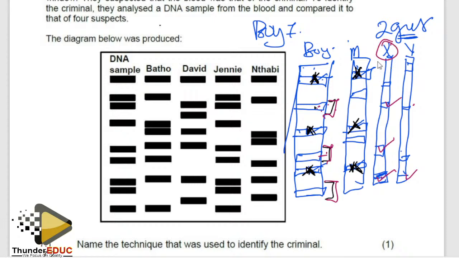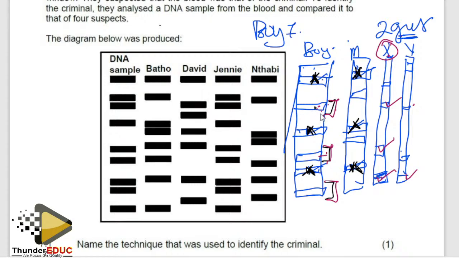Explain your answer. Why are you saying that X is the father? X is the father because the remaining bars of the boy which do not correspond with the mother correspond with this guy X. All the remaining, the word all must be there.